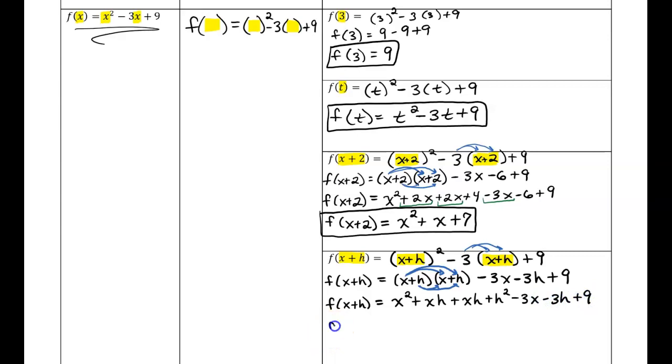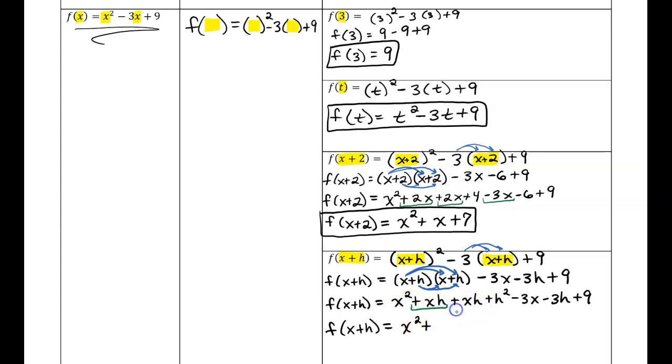And let's see what we can combine. We were able to combine quite a bit in the last one. Let's see what happens here. X squared, ooh, that's the only x value that's squared. I can't combine it with the h squared because that's a different variable. So I'm going to have x squared plus I have an xh, I have another xh.